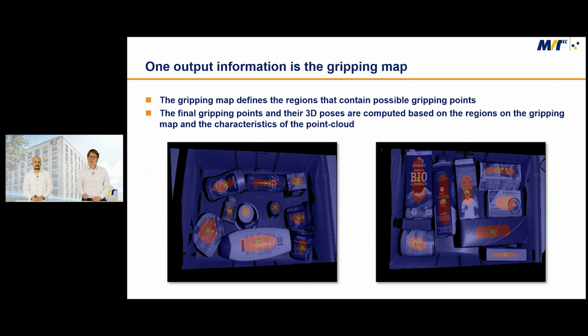The final gripping point, which the model made its decision on, is here visualized by a green cross. The final gripping point is, of course, based on the extracted regions shown in the gripping map, and, how could it be else, the characteristics of the 3D point cloud.